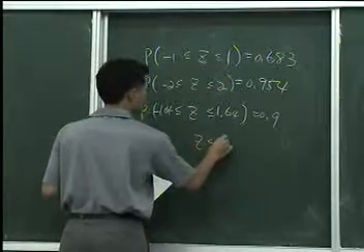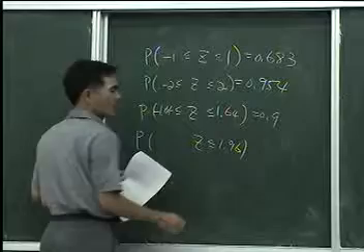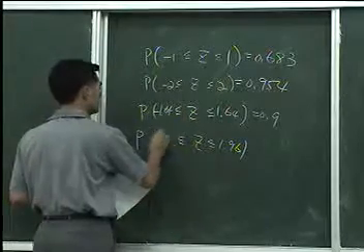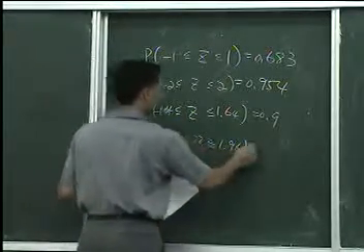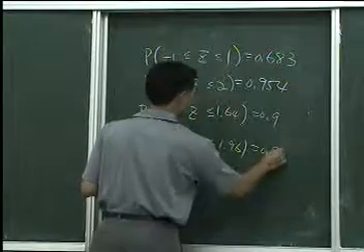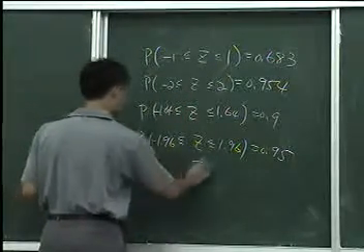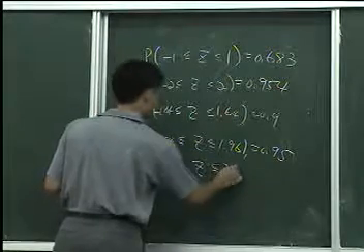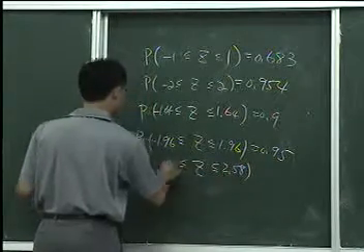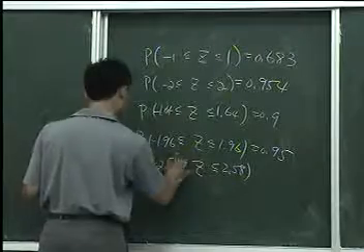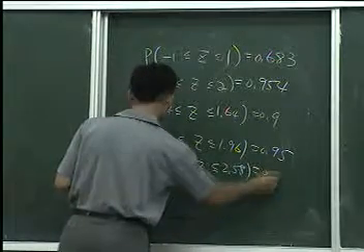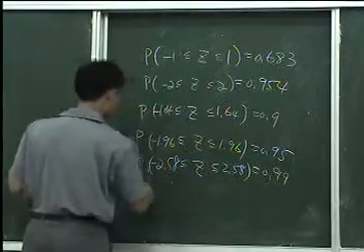Z between positive 1.96 and negative 1.96 is equal to 0.95. And then P of Z between 2.58 and negative 2.58, you get 0.99.